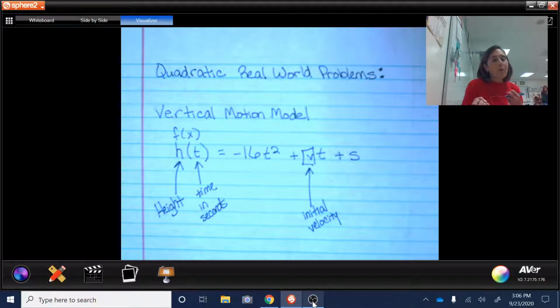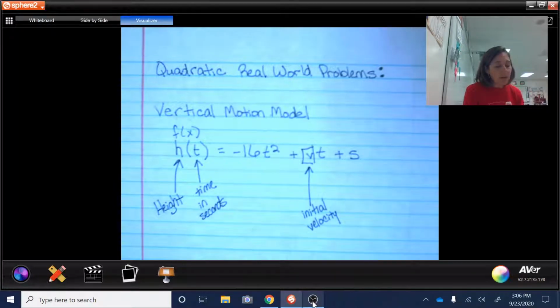If I throw with a speed of, say, 20 feet per second, I would have a 20 for my v. If I throw something down, it would have a negative number there because I'm throwing it with force down, and down is negative. If I just drop something, not throwing it up or down, that would be an initial velocity of 0 because it would start out not going up or down. Okay, so you'll see that in problems.